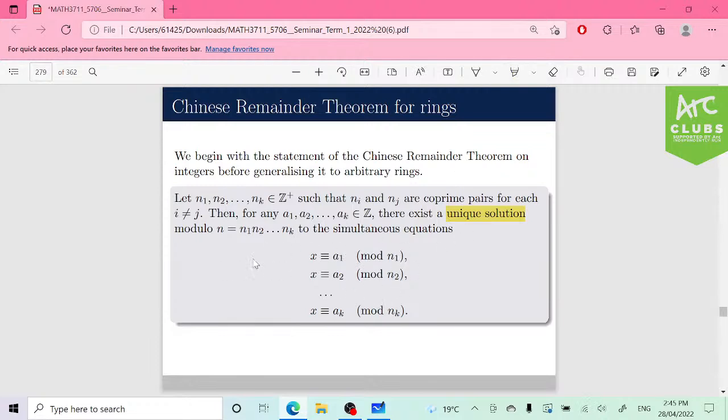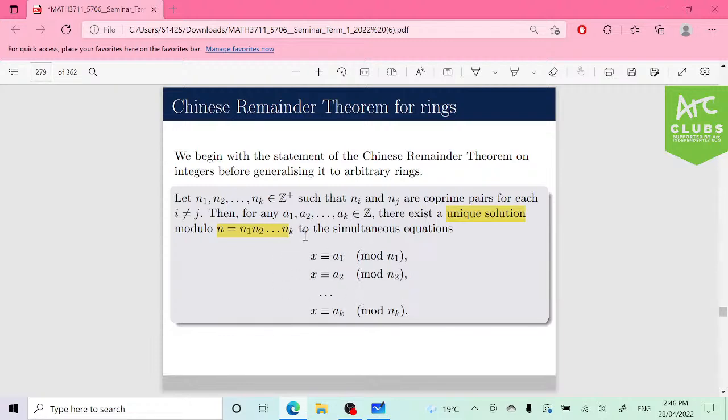And the unique solution comes in the form n equals the product of all of the moduli. So this is really useful when you're solving Diophantine equations, putting them into modulo form and noting that each of them is co-prime, meaning that there is a unique solution to this set of simultaneous equations.